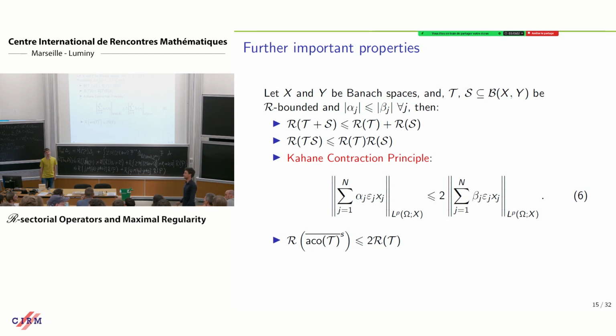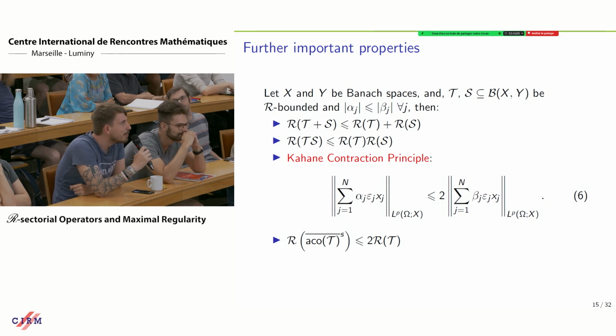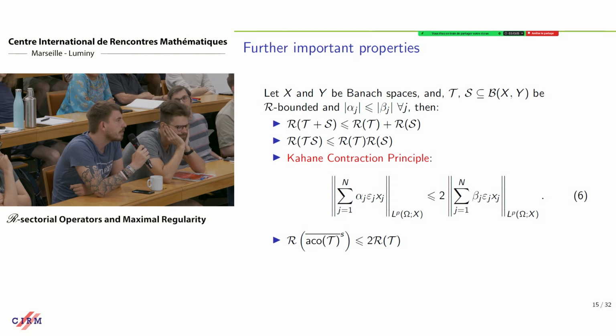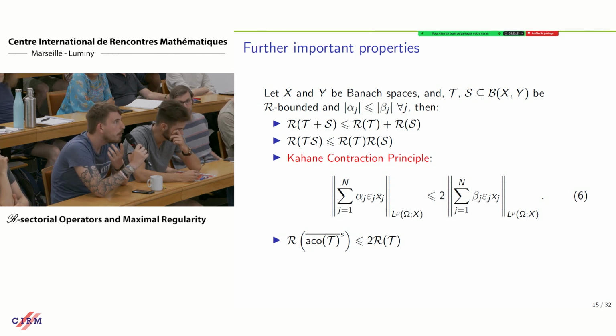So first of all, thanks for your talk. I hope my question is less tricky. You presented two Mikhlin theorems. You presented the traditional one in the scalar case, and then you showed the extension of Weis to operators that act between two UMD spaces. And you explained to us that in both results you consider the same sets, but in the scalar case you just asked it to be uniformly bounded, and in the UMD case to be R-bounded.